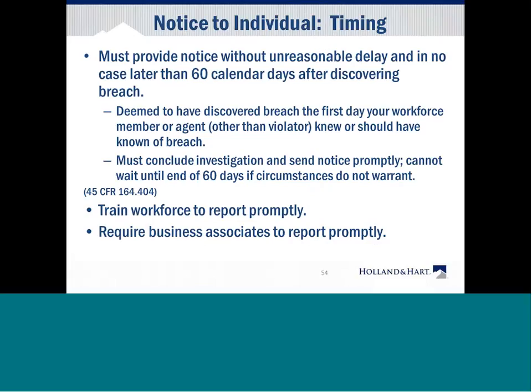It doesn't begin to run from when the privacy officer knows about it or when administration knows about it. It doesn't begin to run when you figured out that it's actually a privacy breach. It runs from when the first person knows that the breach occurred. So that 60-day time clock starts ticking pretty early.